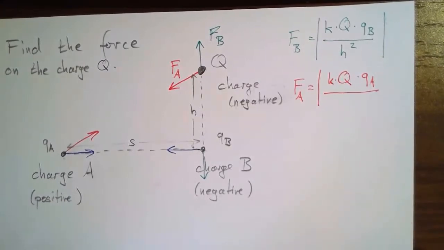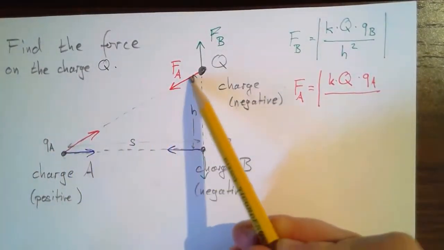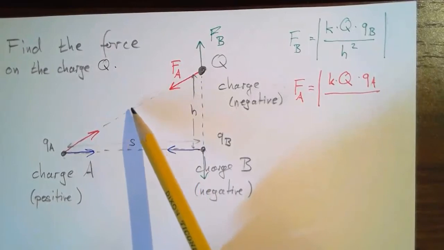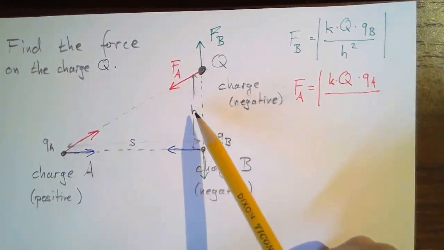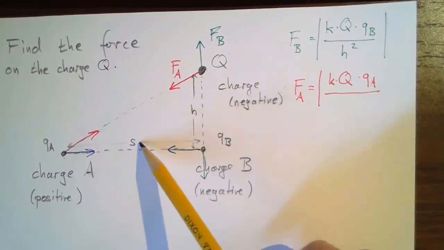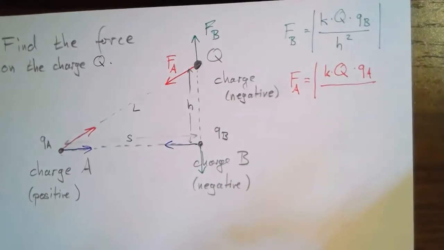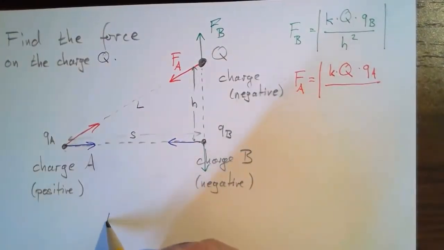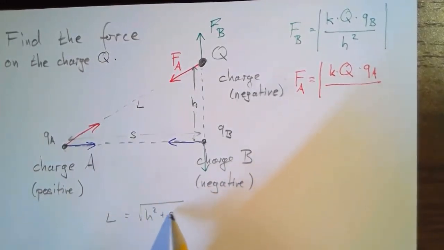What's the distance between them squared? Well, if I complete this triangle like this, I can use Pythagoras to find this side here. Let me call this length L, and I can say that L is the square root of h squared plus s squared.